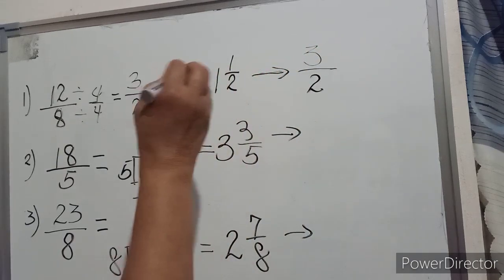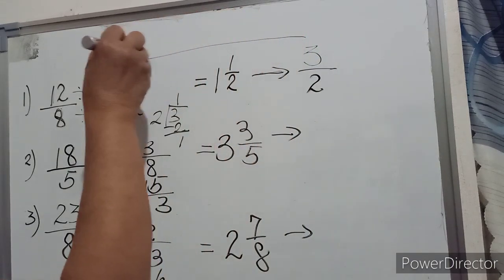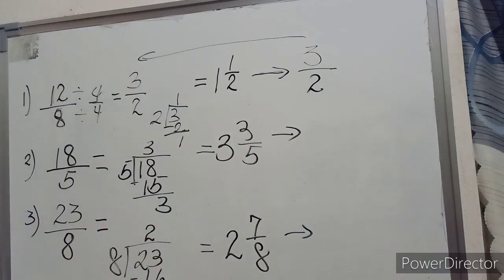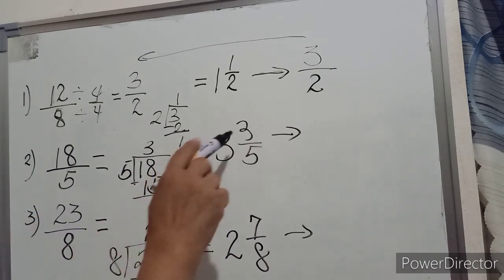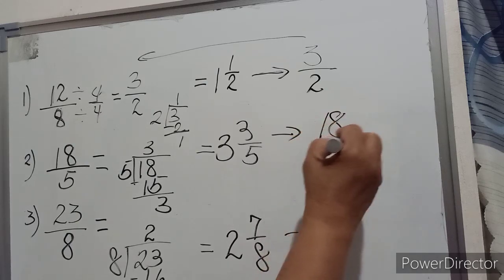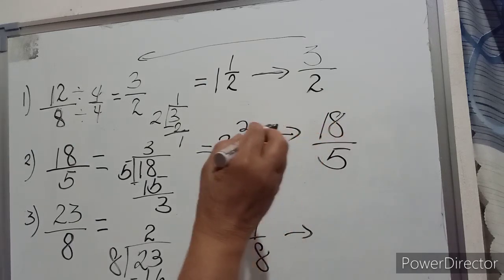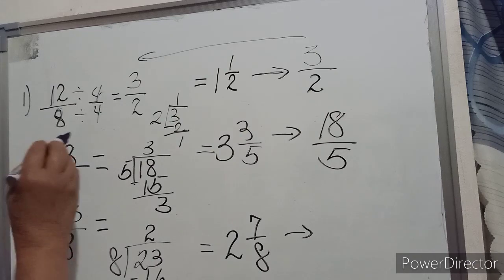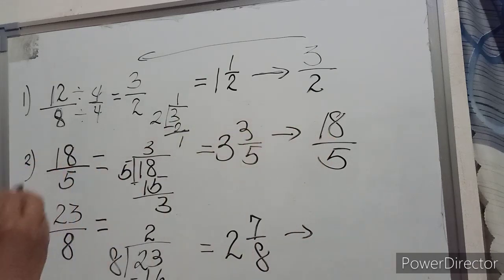Place the same denominator. So we have now the same fraction we have taken originally. 3 and 3/5: 5 times 3 is 15, plus 3 is equal to 18 divided by 5.